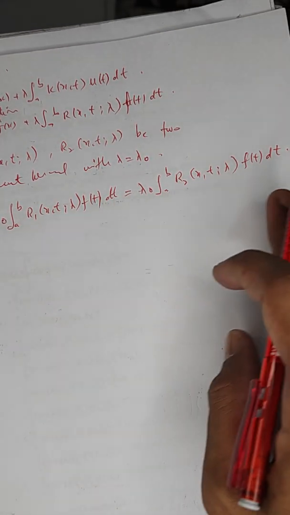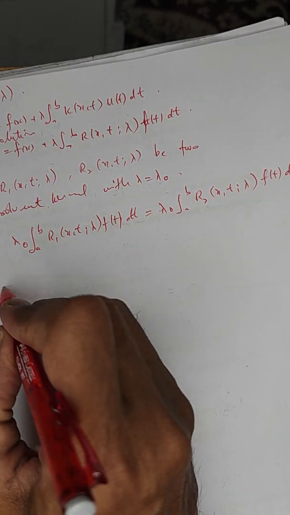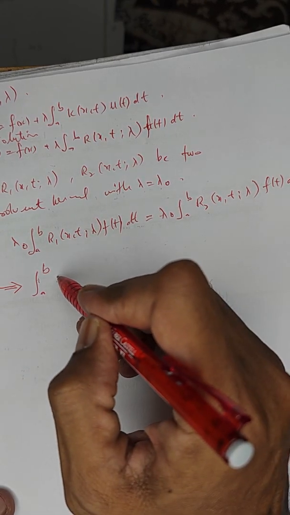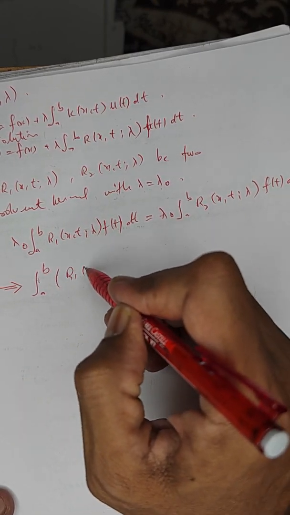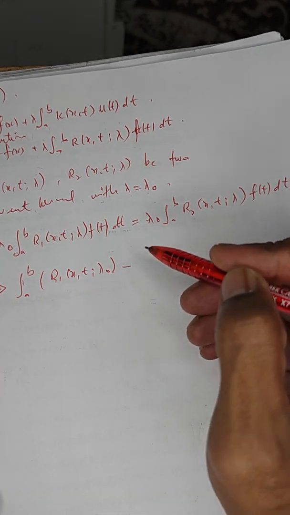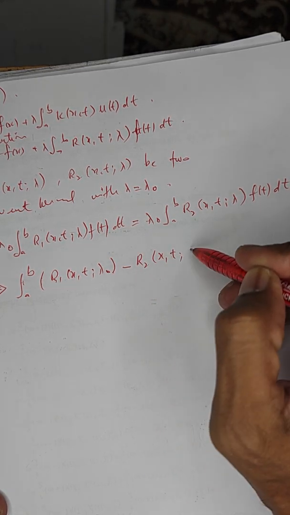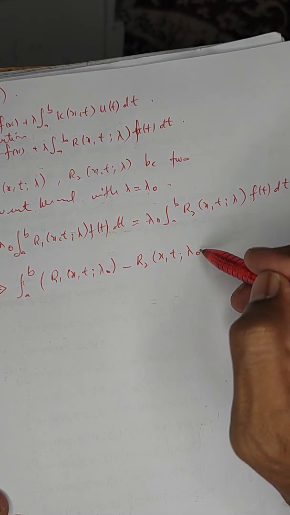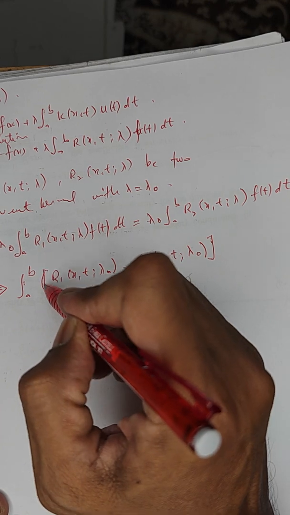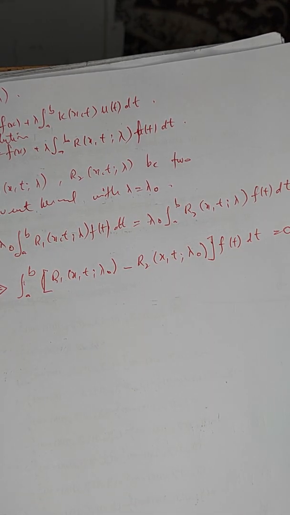Then you can again rearrange this. What we have is the integral a to b of R1 x t lambda naught minus R2 x t lambda naught, times f t dt, equal to 0.